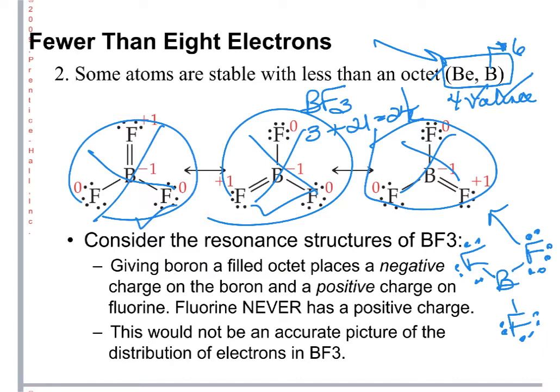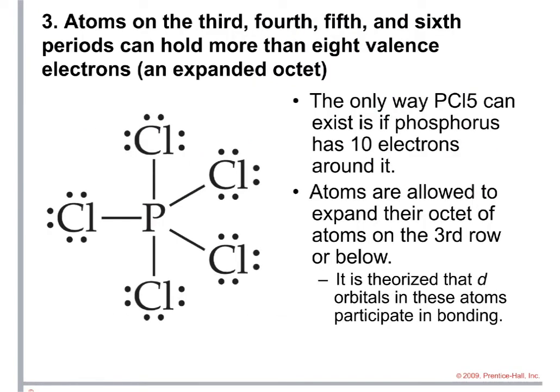As far as beryllium, you could easily see molecules like this, where beryllium only has 4 valence. So that's just something you have to memorize. And the third exception to the octet rule is the one that I mentioned earlier, and that is there are some elements that can hold more than 8 valence electrons.